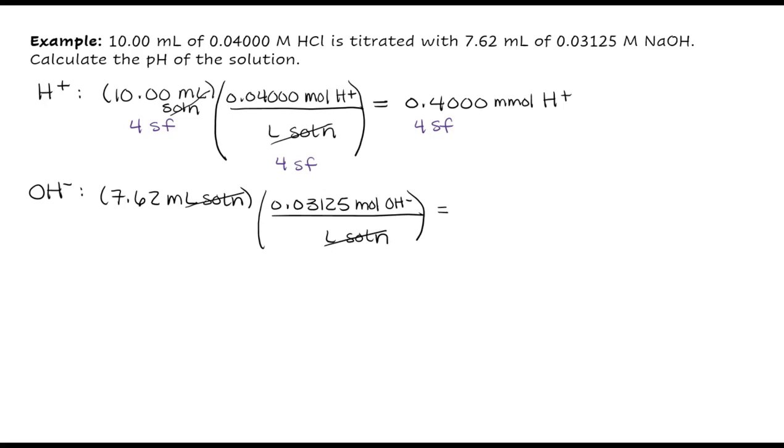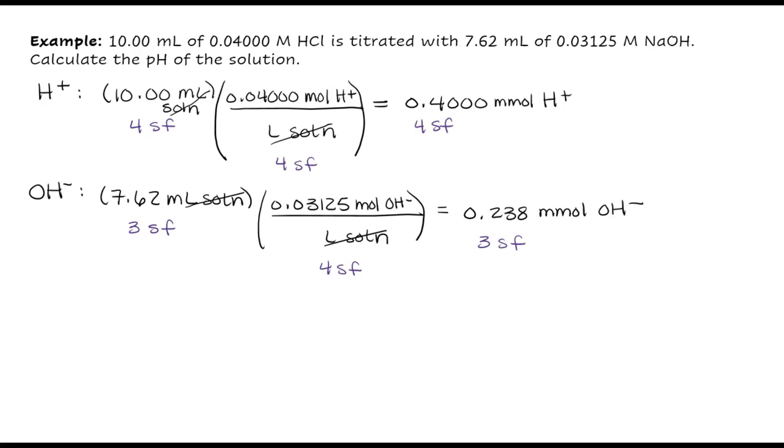Here, our sig figs are only 3 for the volume, 4 for the molarity. So these millimoles will be rounded to only 3 sig figs. So for the calculation, 7.62 times 0.03125 rounded to 3 sig figs gives us 0.238 millimoles of hydroxide.